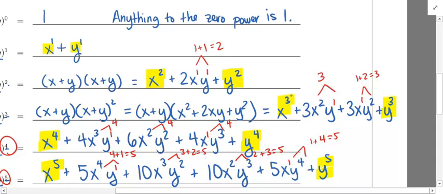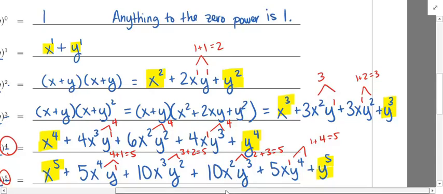So in each term, you go from x cubed to x squared to x to no x's. On the other hand, the powers on y increase. So we start with no y's, but then we get a y to the first, y to the second, and we end on y cubed.